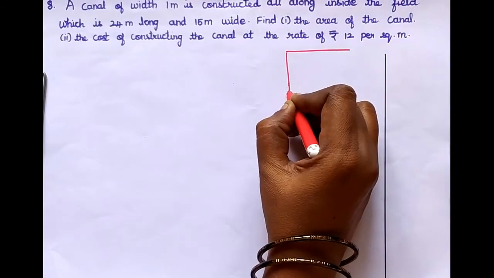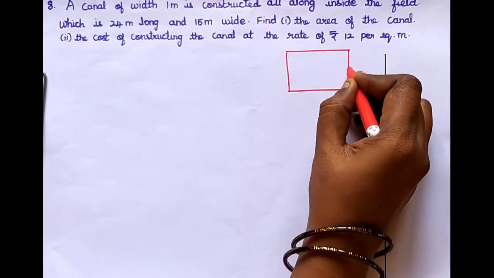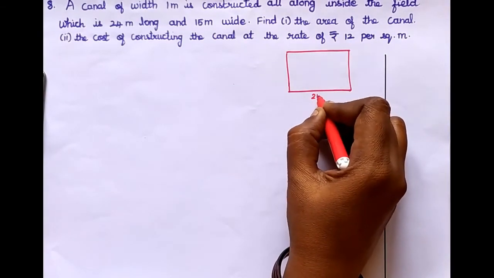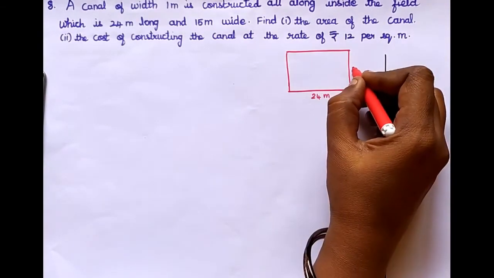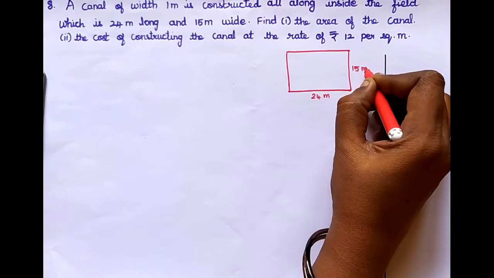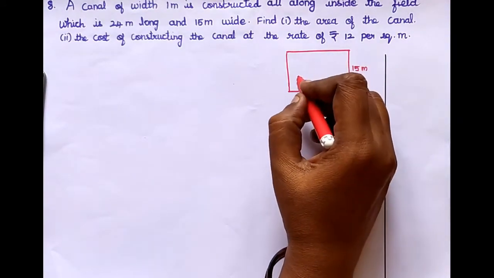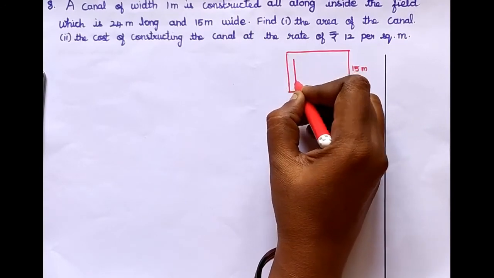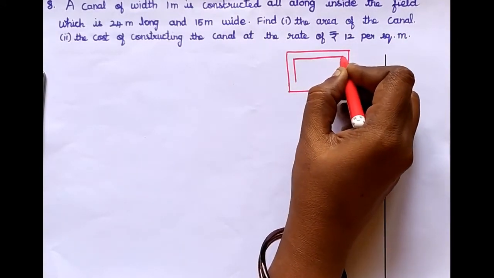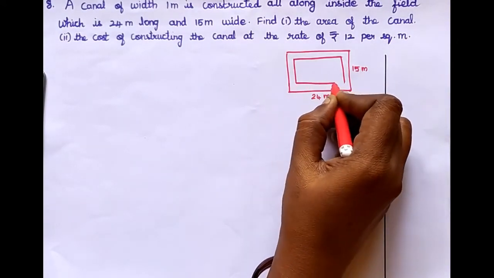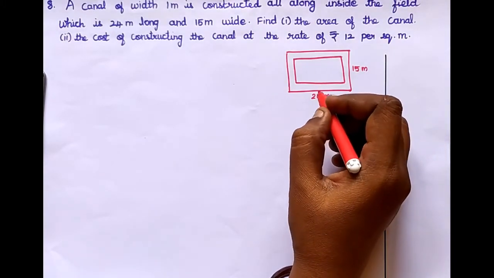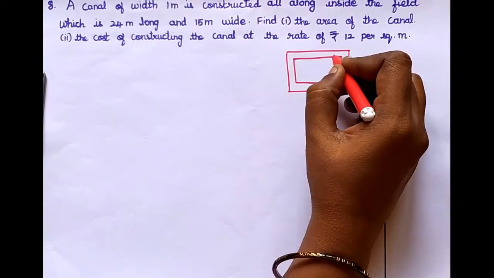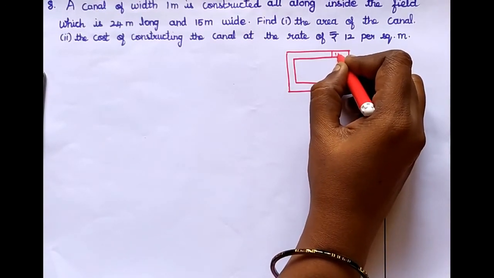This is the field. Its length is 24 meters and breadth is 15 meters. Inside the field, a canal is constructed, and its width is 1 meter.